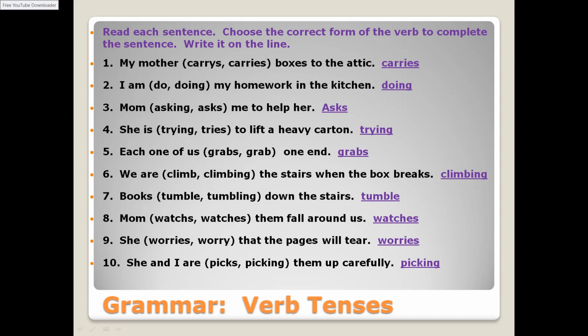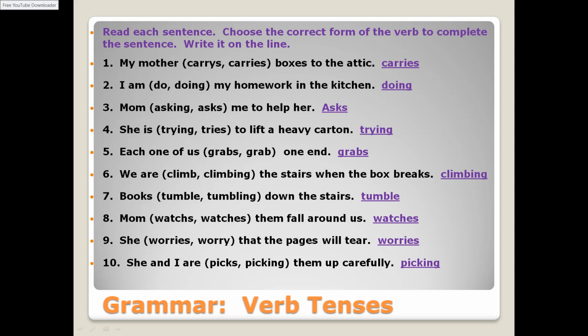Look at this verb, tumble or tumbling. We need to select tumble. Why don't we have s here? Because we are not dealing with a singular subject. The subject books is plural, so we need not add s to tumble. So the answer here is tumble. Books tumble down the stairs.